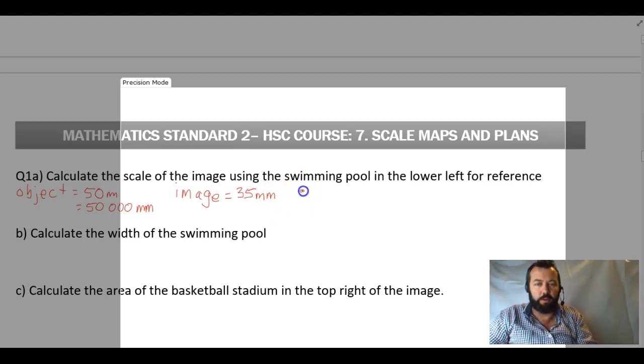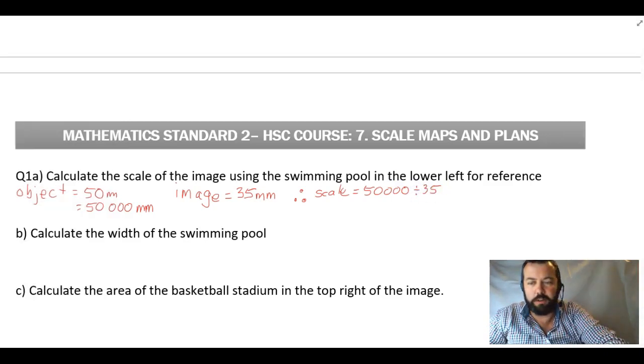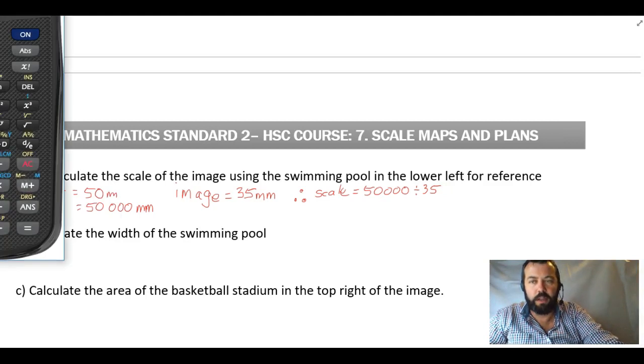Therefore my scale equals 50,000 divided by 35. This is not going to be terribly neat and tidy, so I'm going to pull out my calculator and work that out.